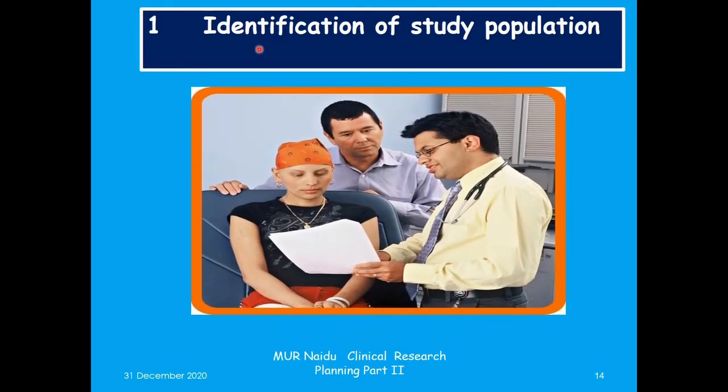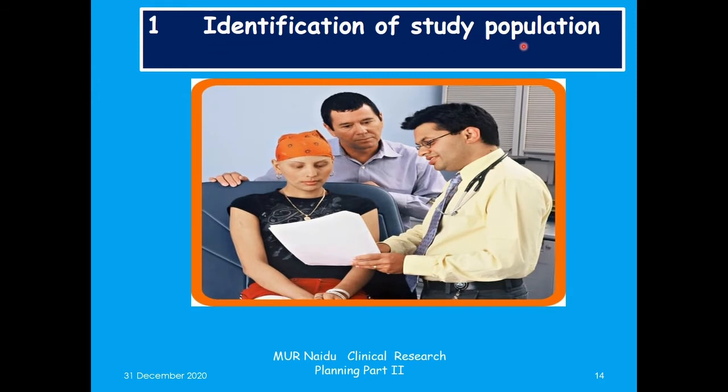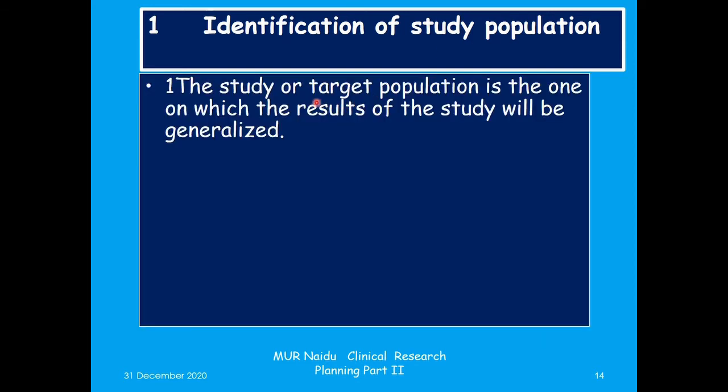In population and sampling, the first factor is correct identification of the study population. The study or the target population is the one to which the result of the study is generalized. So their selection is very, very important.